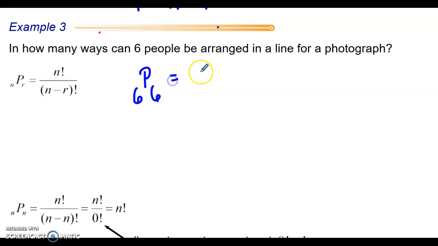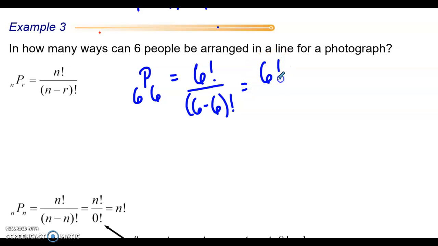So if we plug that into that formula, we have 6 factorial over 6 minus 6 factorial. 6 minus 6 is 0 factorial. And a little note, in the last section we talked about that 0 factorial is 1. So this becomes 6 factorial.